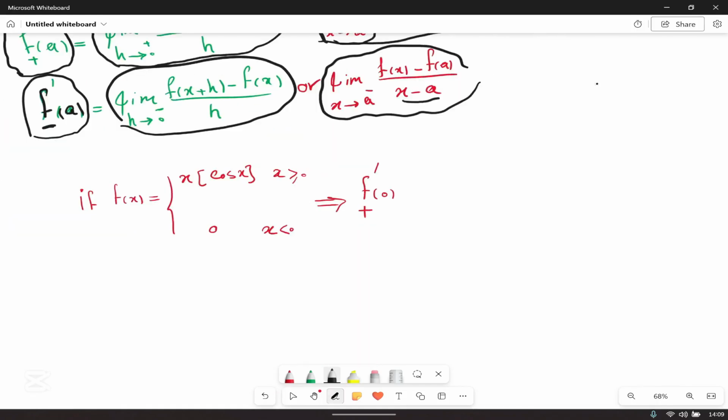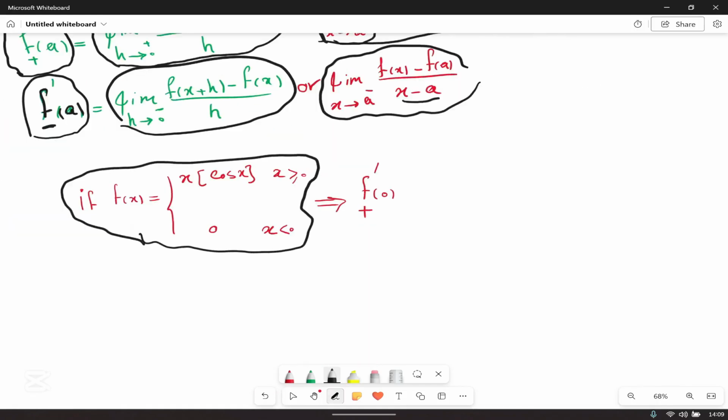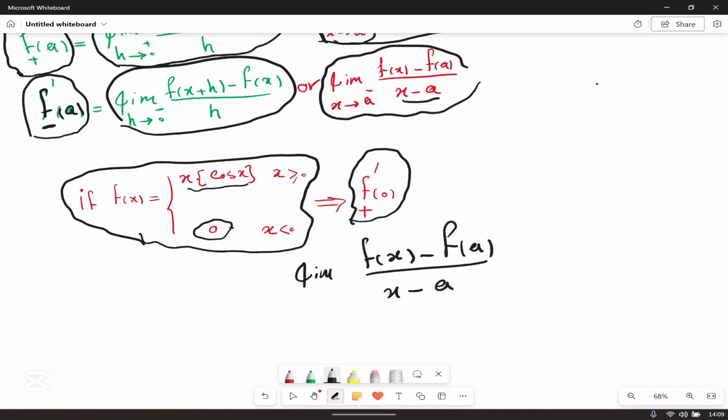For example, we have a function where for x less than 0 it is the constant 0, and for x greater than or equal to 0, our function is x times the bracket of cosine x. If we calculate the derivative on the right side of 0, I write the formula f(x) minus f(a) over x minus a, x goes to the positive side of a.